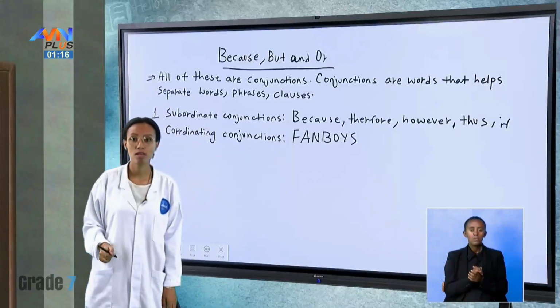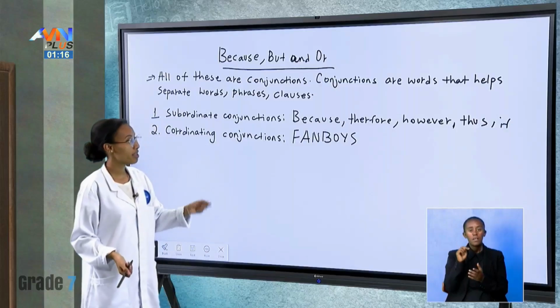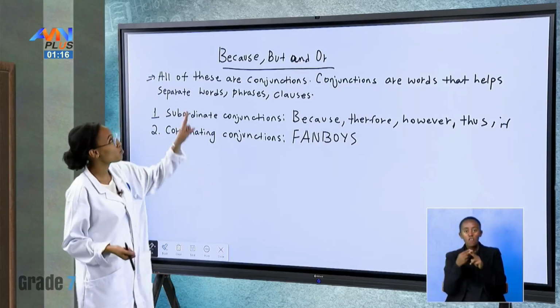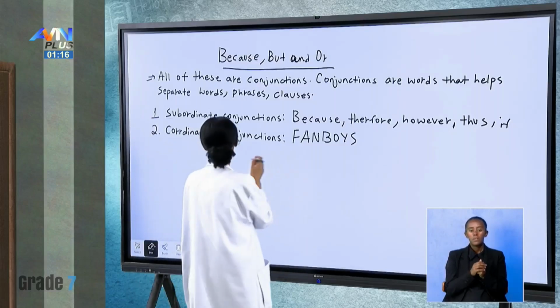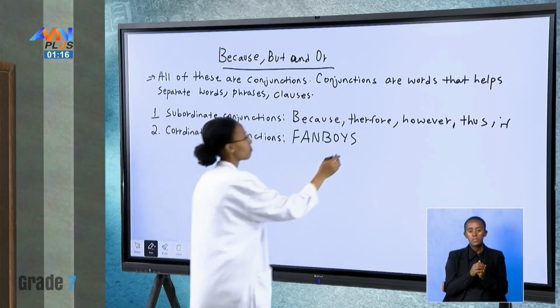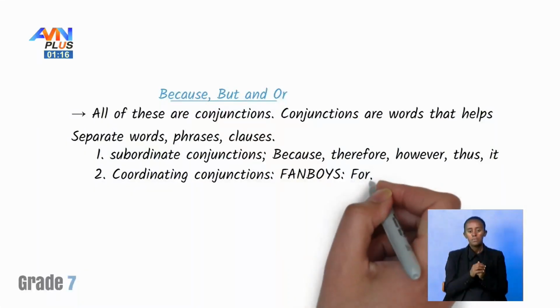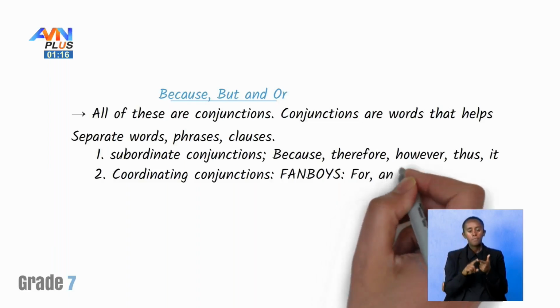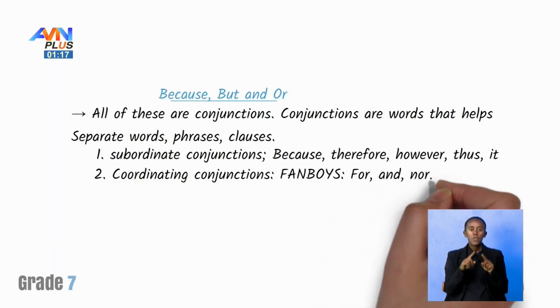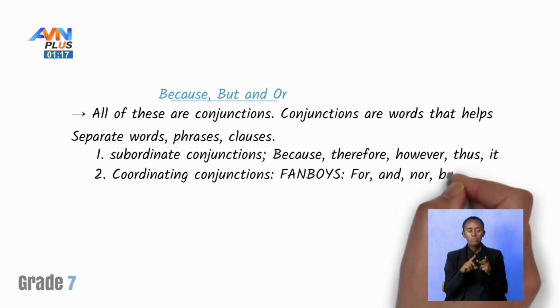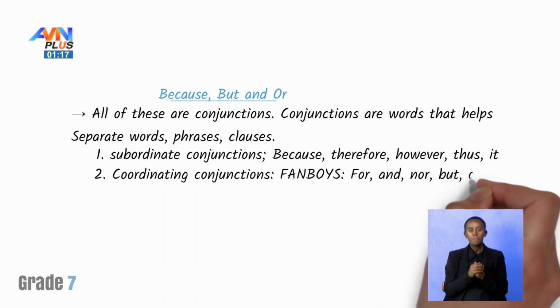They are famously known as fanboys. These are abbreviations, and 2 of them we're going to see today. For example, F stands for for, A stands for and, N stands for nor, B stands for but, which is one of our topics.